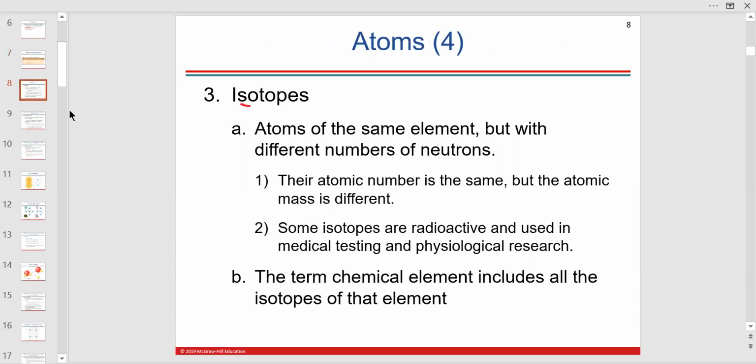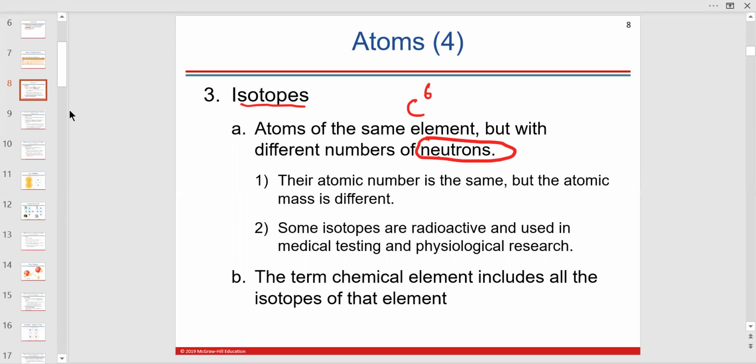Isotopes, here's what you should remember about isotopes. Isotopes have the same number of protons, but the number of neutrons differs. Got it? So carbon has an atomic number of 6, 6 protons, but sometimes it has 8 neutrons.